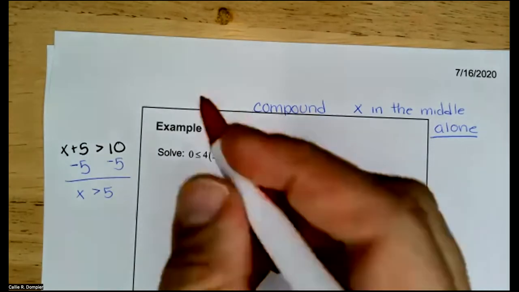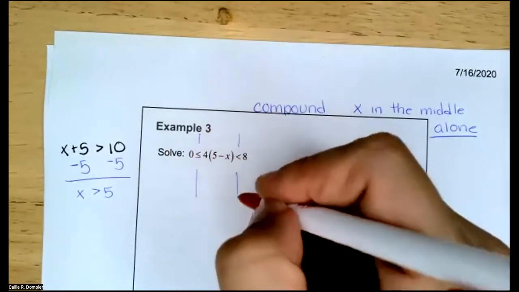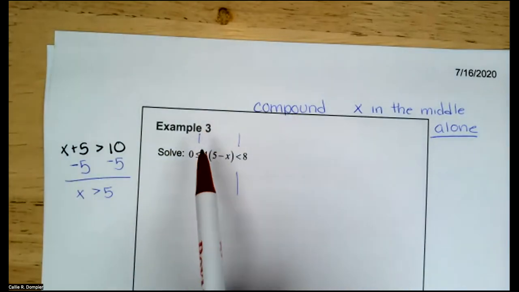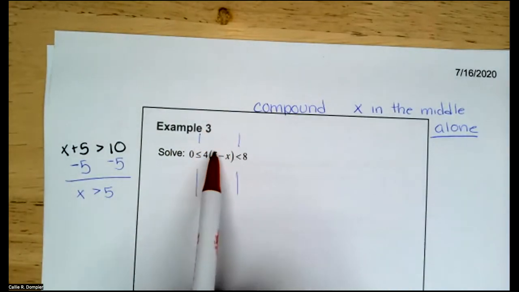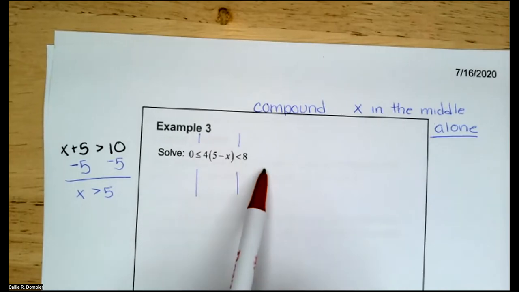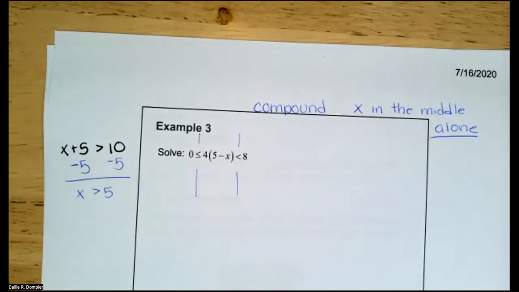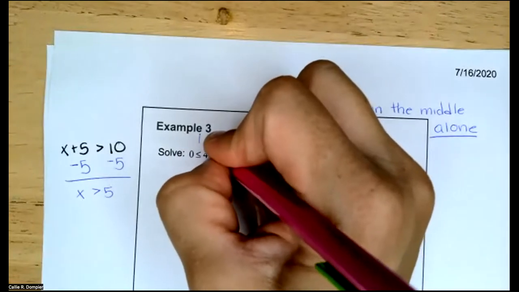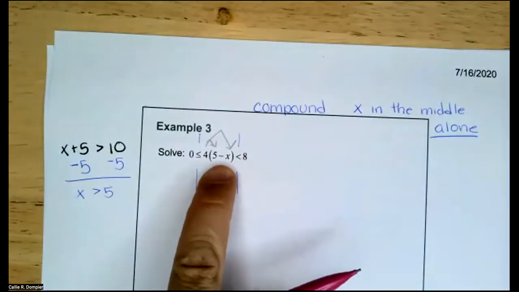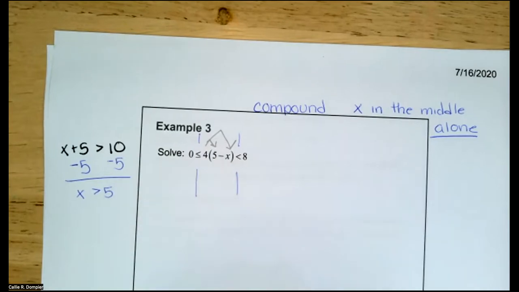Here, because we have two inequality symbols, anything we do to the middle, we're going to do to this side and to this side, okay? So it's like you have an extra side to do each step to. Not the first step, not the distributing of the 4, but anything you do to get x alone, you're going to do to the left and to the right.